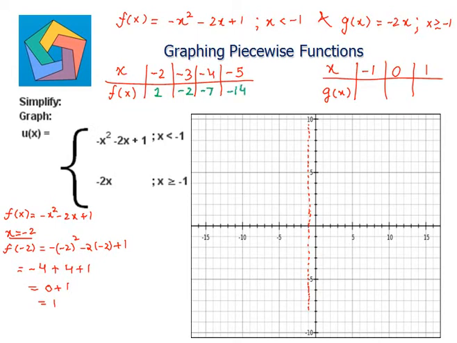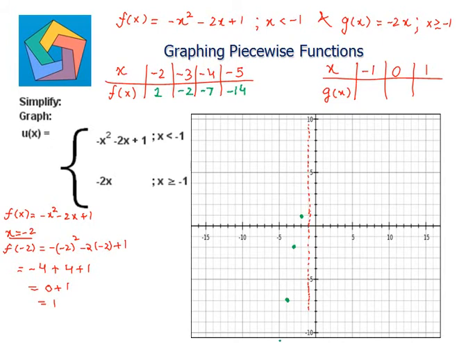So first of all, let's graph f of x. Negative 2, 1. Negative 3, negative 2. Negative 4, negative 7. And negative 5, negative 14. So it will be somewhere down here on the graph, since I have y points only till negative 10 here.